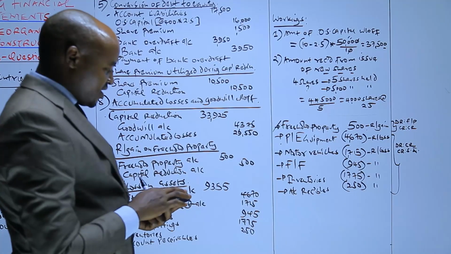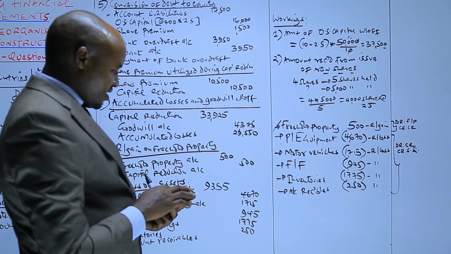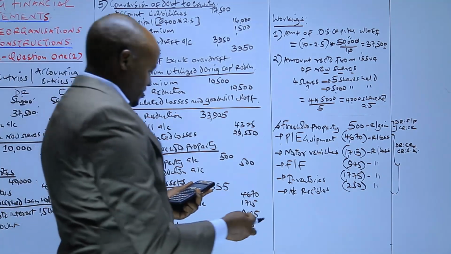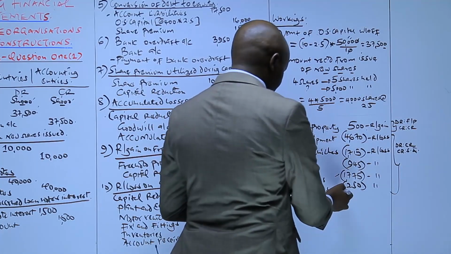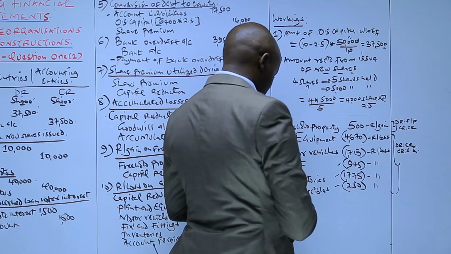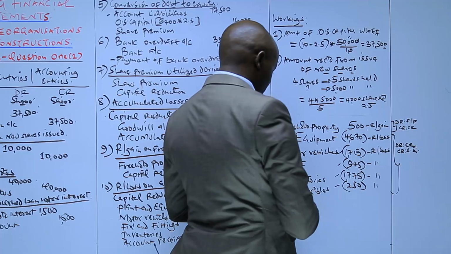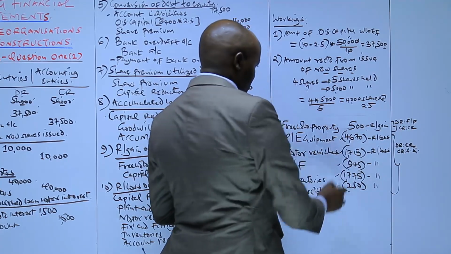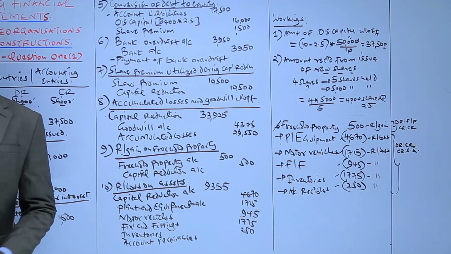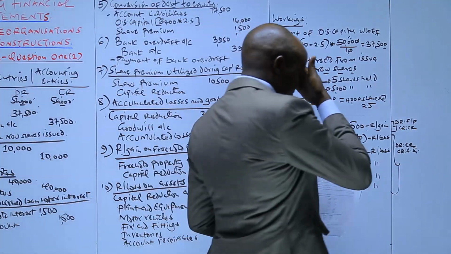Maybe you can just confirm you have taken 4670, 1775, 250, 945, and 1715. Okay, yes. So that's how we account for those revaluation losses arising from the revaluation of assets.